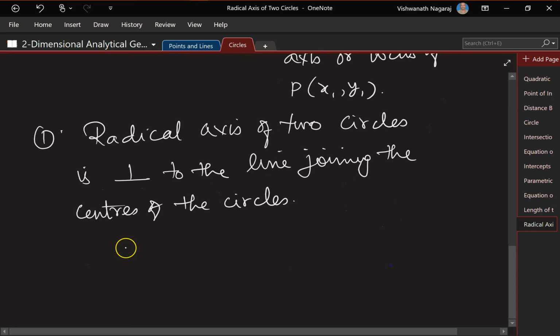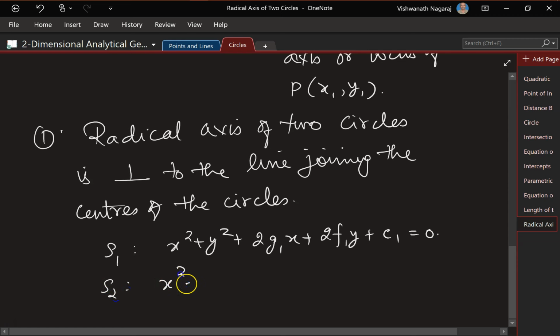Again, let's say S1 is x square plus y square plus 2g1x plus 2f1y plus c1 equal to 0, and S2 is x square plus y square plus 2g2x plus 2f2y plus c2 equal to 0.